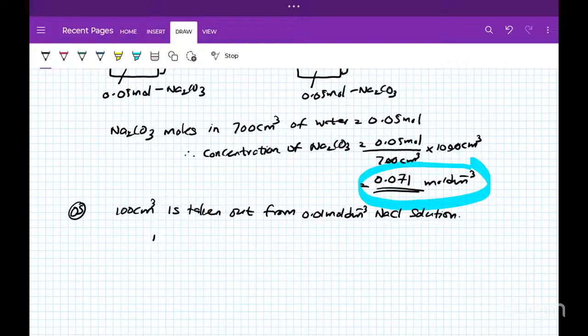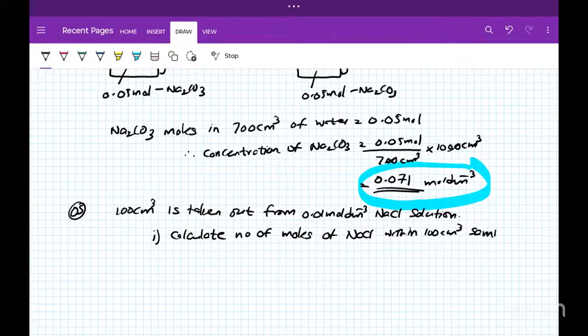First question: calculate the number of moles of sodium chloride within the 100 cubic centimeter sample.